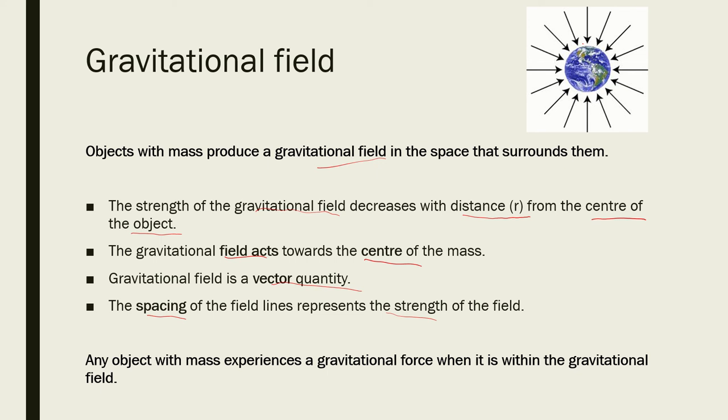At the surface of Earth the gravitational field strength is approximately 9.8 meters per second squared, and as you go further and further away, it is weaker and weaker. And any object that has mass, when placed within this gravitational field, is going to experience a gravitational force, a mutually attractive force, which we'll discuss later.